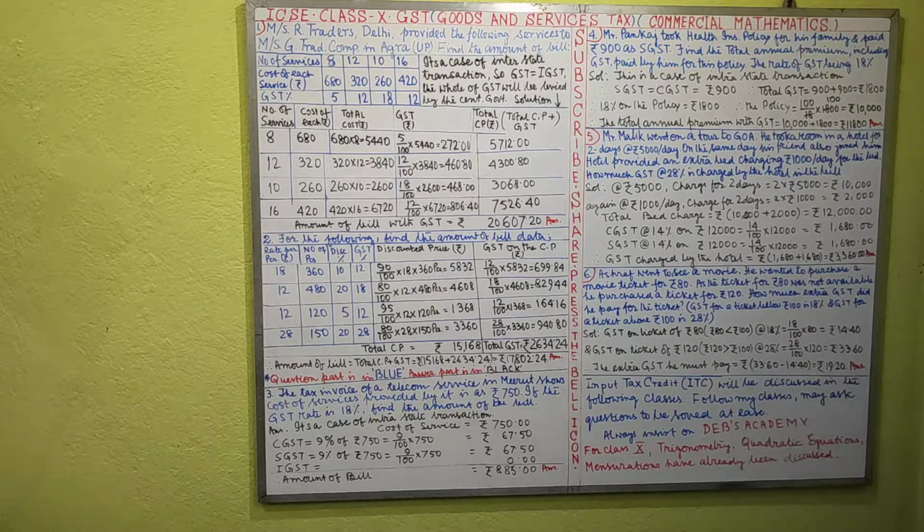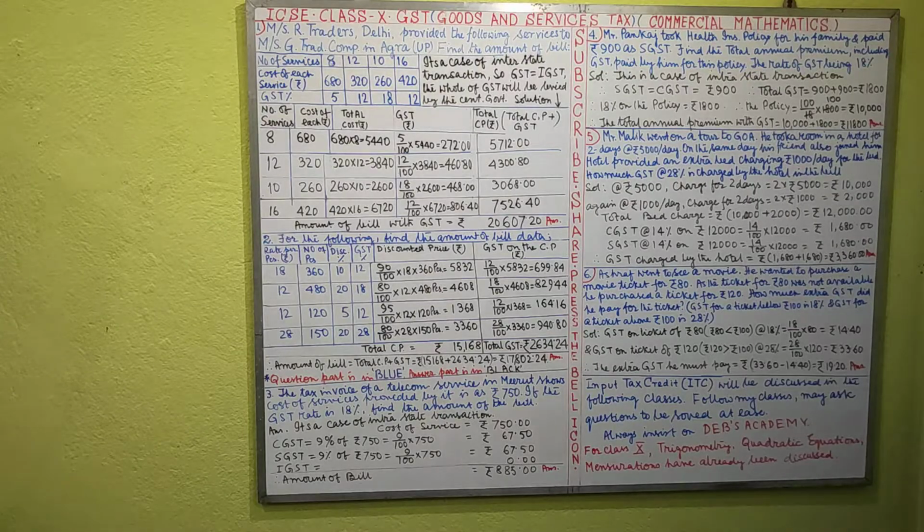Number of services is respectively 8, 12, 10, 16, and cost of each according to their number of services is 680, 320, 260 and 420 rupees, and GST percent according to the corresponding services is 5%, 12%, 8% and 12%.